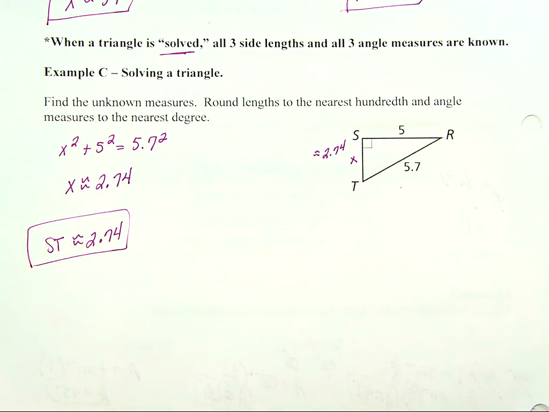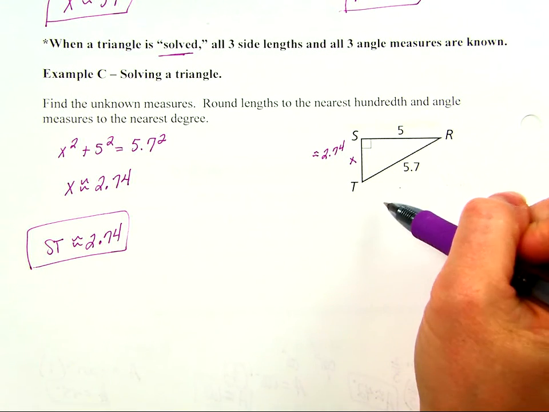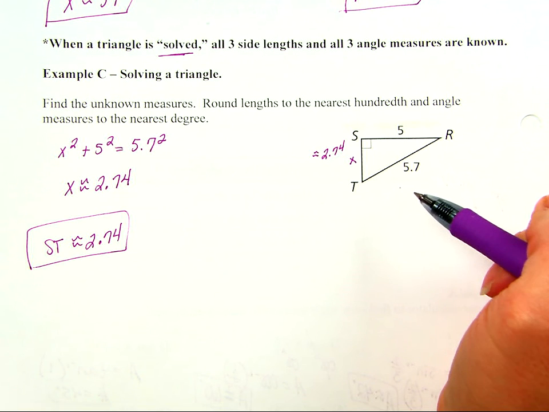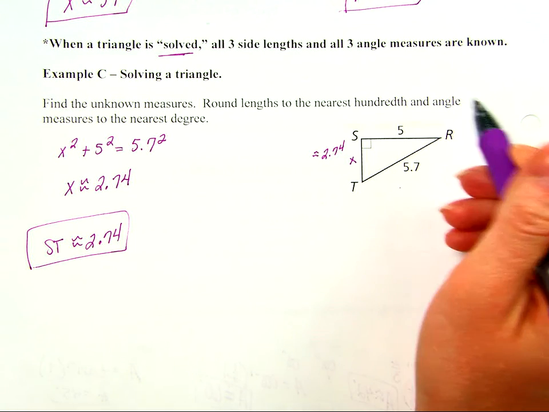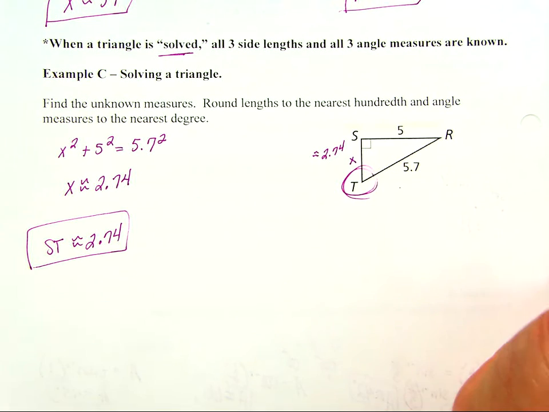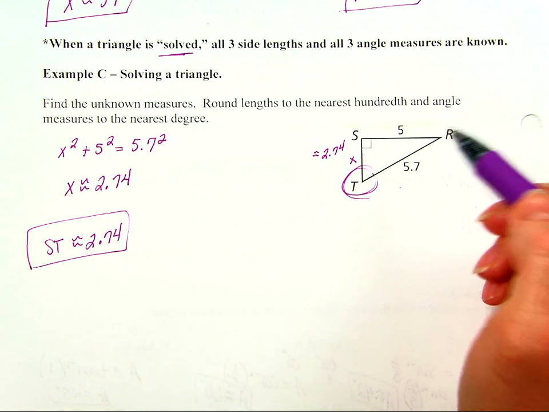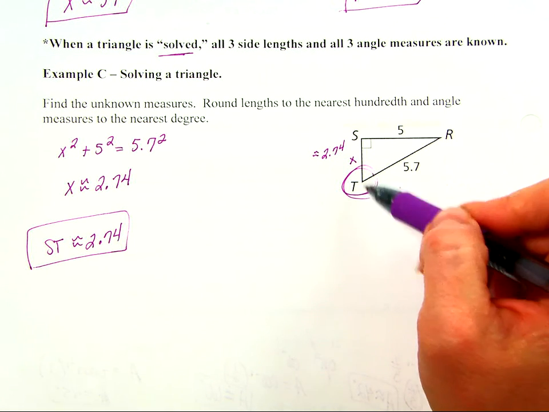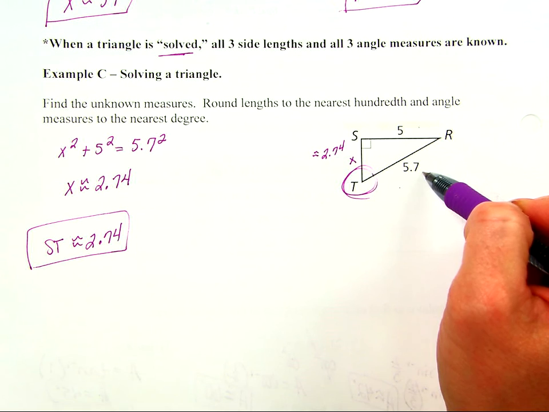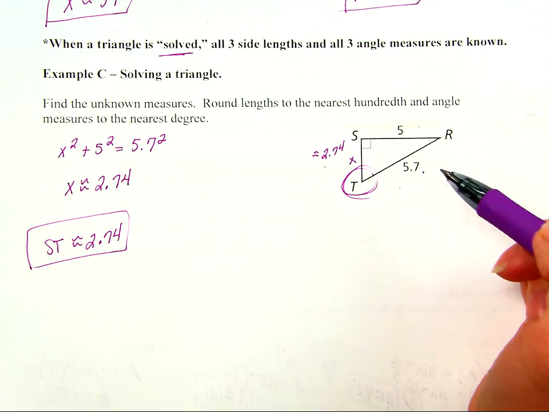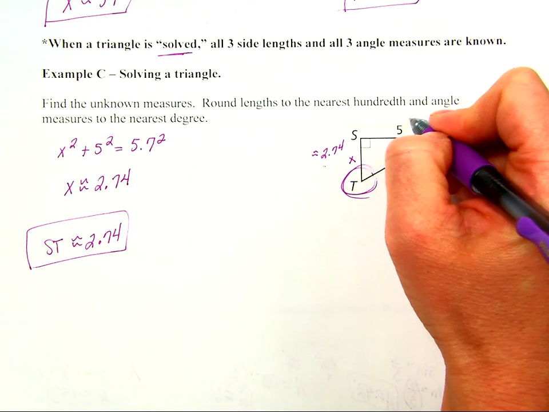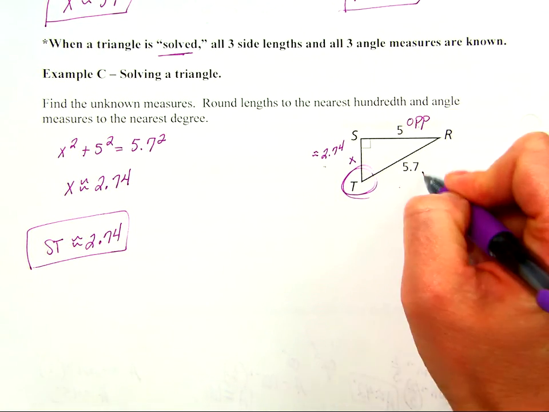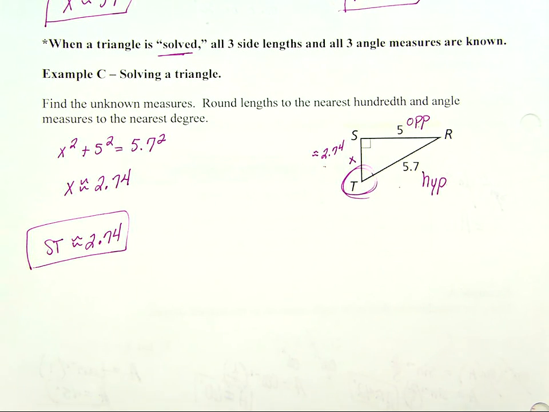If I wanted to find one of my angle measures, though, I am going to have to use a trig ratio. And I'm just going to go ahead and think about solving for angle T. Now, I could pick any of the three sides, but because these two sides are exact, and this is an approximation, I'm going to prefer to use my opposite side and my hypotenuse when solving.